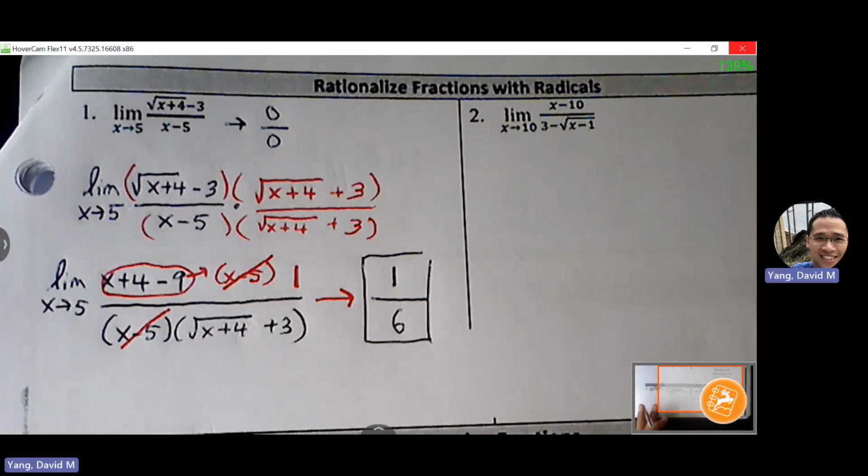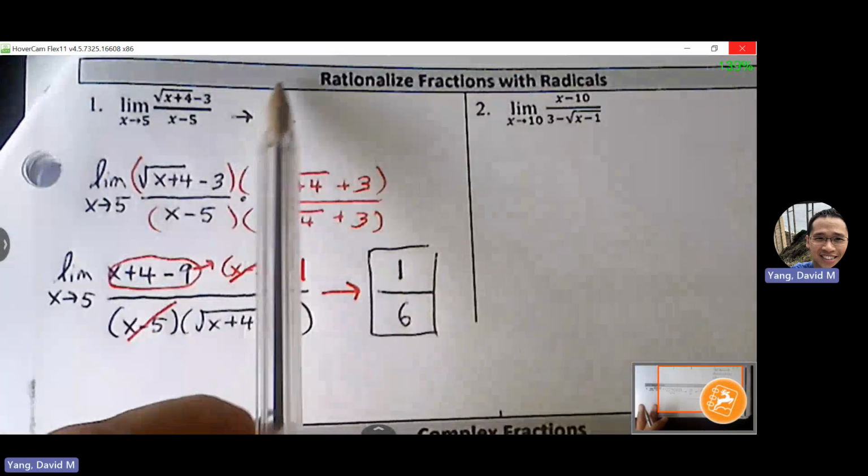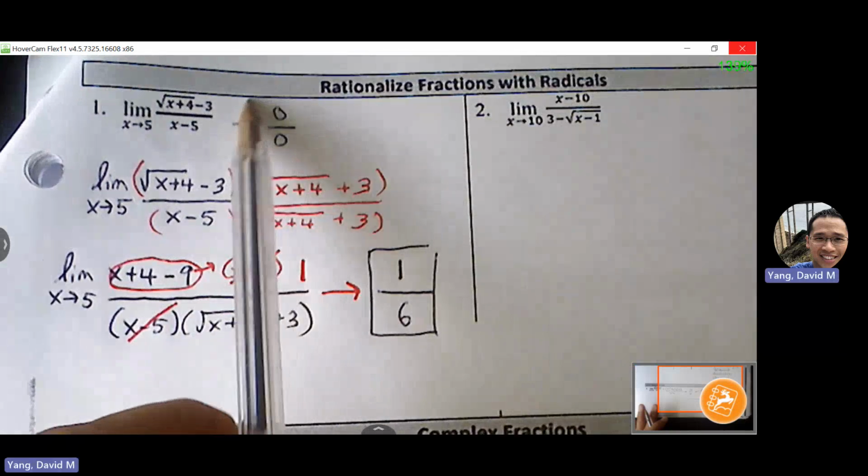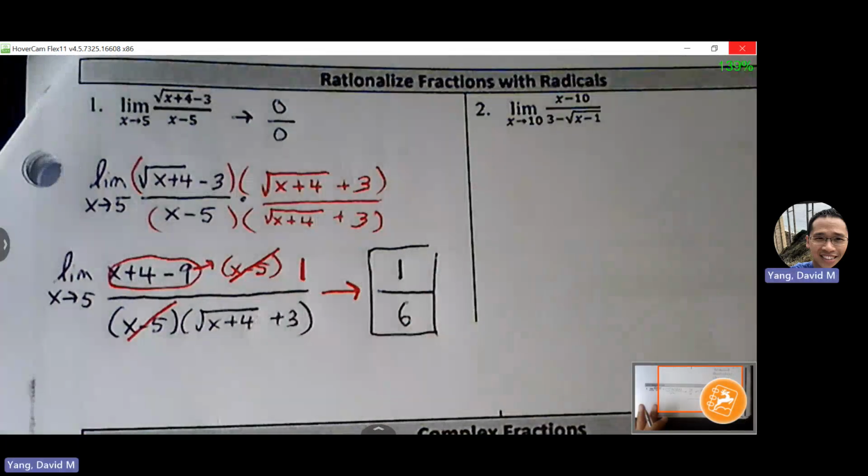Any questions with those steps? Okay. Try number 2. Follow the steps that you did with number 1. Don't jump into your steps without first confirming that there's an issue. So do direct substitution first. Confirm that there's an issue before you commit to the conjugate method.